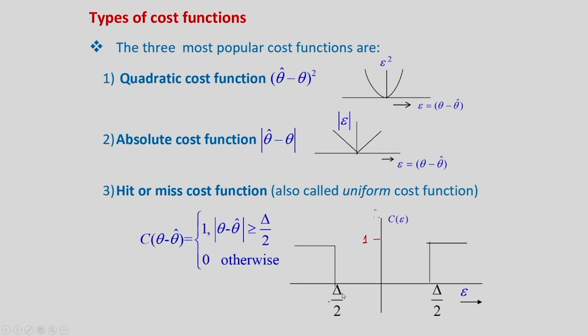Here delta is a very small quantity within which the cost of the error is 0, and if we cross delta by 2 on this side or this side, the cost will be uniformly 1. So, that is a very strict condition on the cost function.